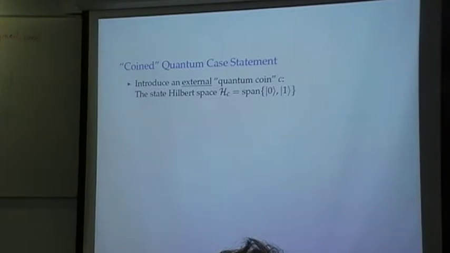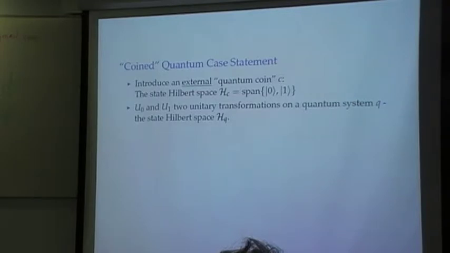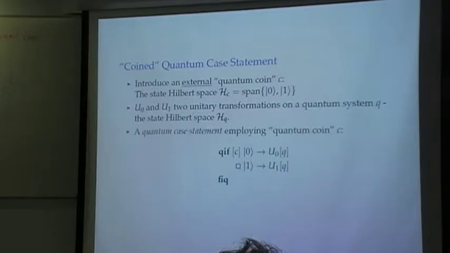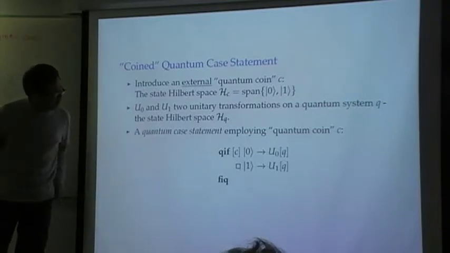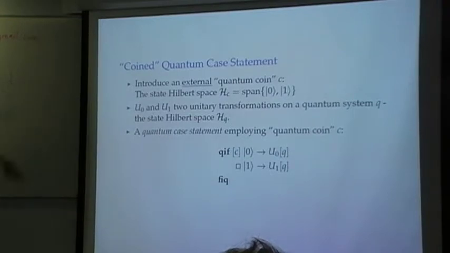So the state space of this coin is the 2-dimensional Hilbert space, which is the span of ket0 and ket1. And then suppose we have the 2 unitary operators U0 and U1 acting on a quantum system. We call this system the principal system. So then we can define the quantum case statement using this quantum coin in this way: 0 to U0 acting on Q, 1 to U1 acting on Q.